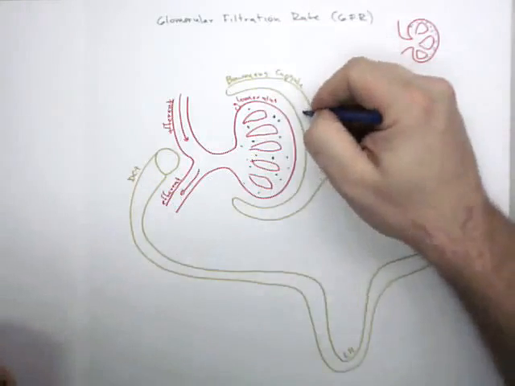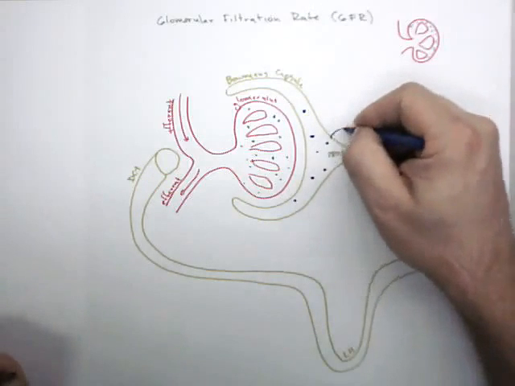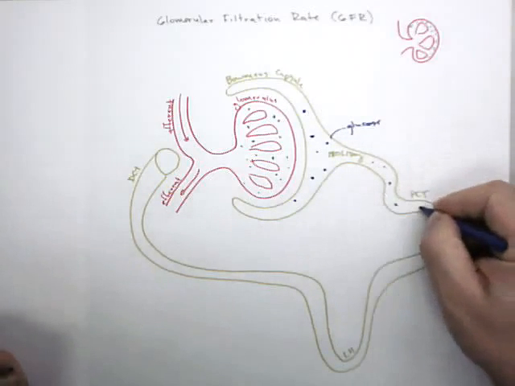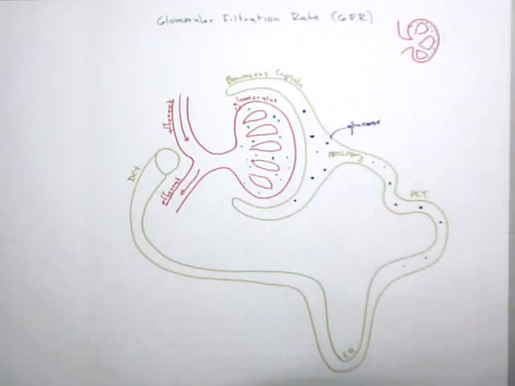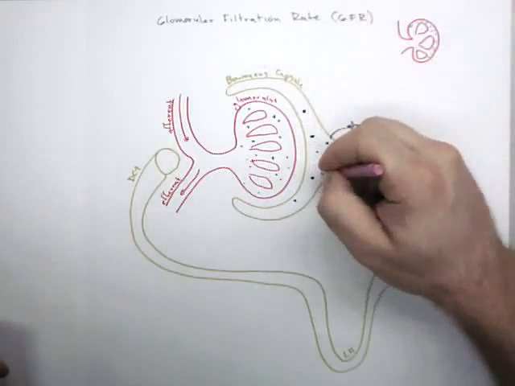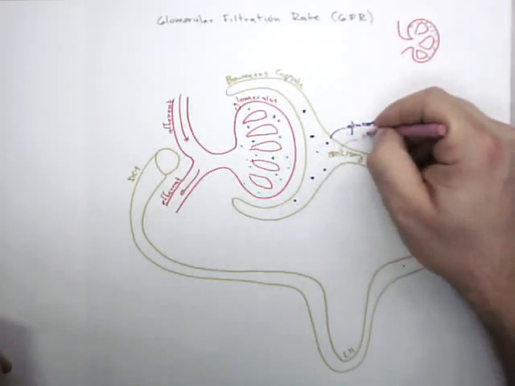So there'll be things over here like glucose. And that glucose, we'll draw here. There's going to be a lot of sodium and other ions too. I'll just do sodium. So these little guys are sodium.